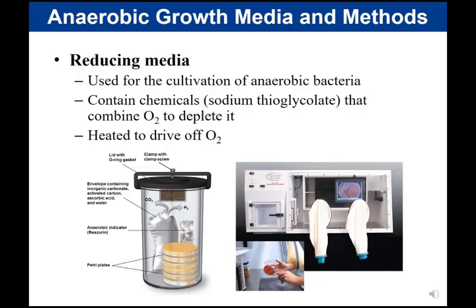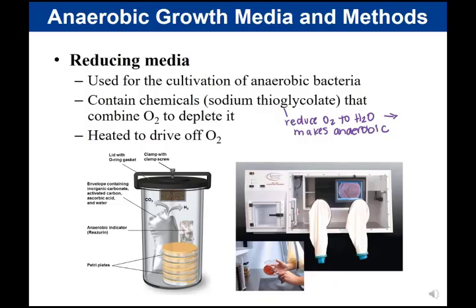So we had sodium thioglycolate, we had L-cysteine. Both of those ingredients reduce O2 to water, and that makes it anaerobic. And so our thio broth would be a reducing media.